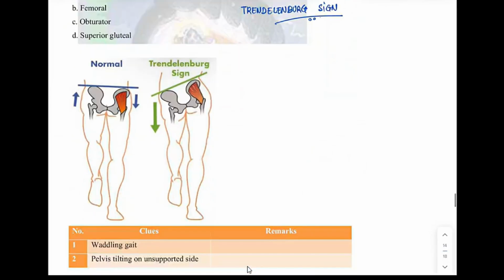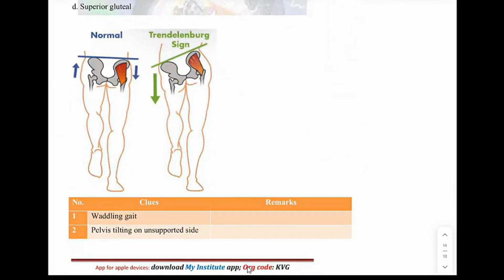Now what happens? Normally, when we are standing on both the limbs, the pelvis is in a horizontal manner and both the anterior superior iliac spines are at the same level. Okay, so what we check actually? Anterior superior iliac spines. So both the ASIS are at the same level.